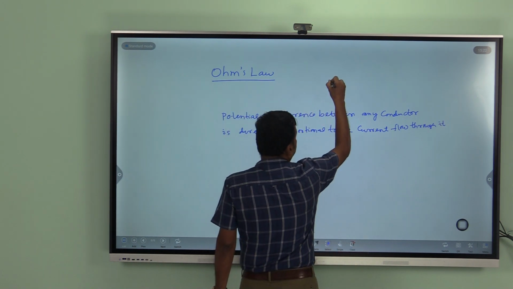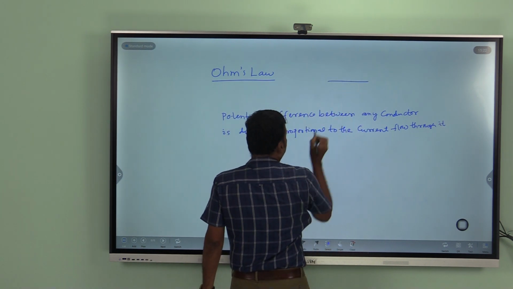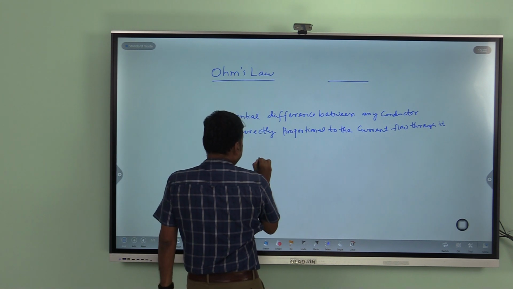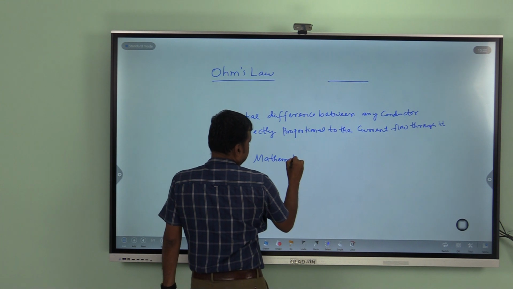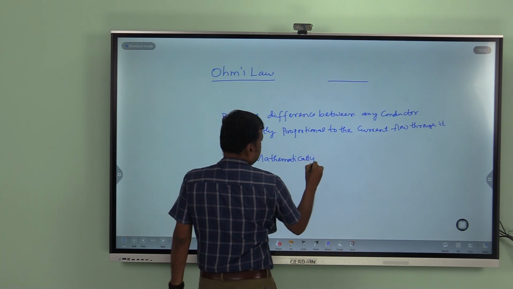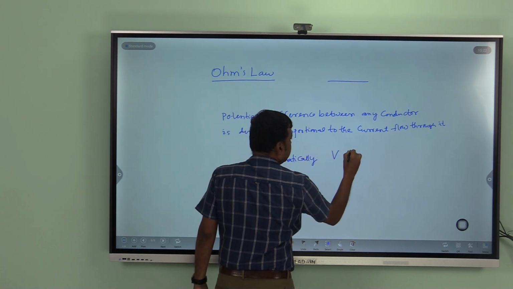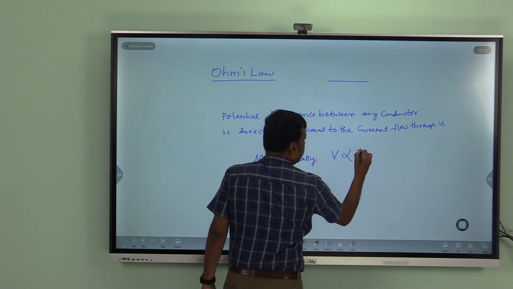So if there is any conductor, mathematically the voltage is directly proportional to the current flow through it.